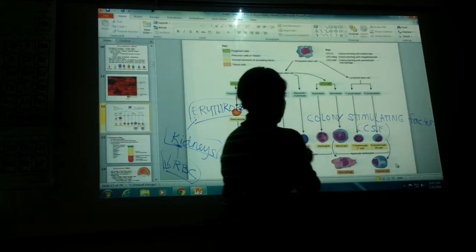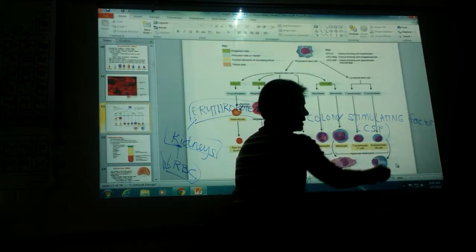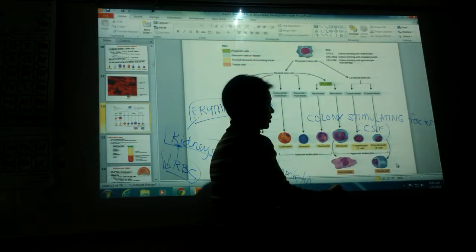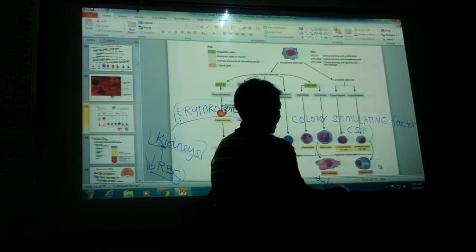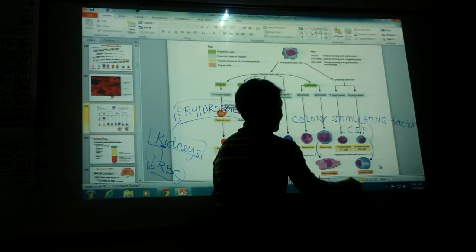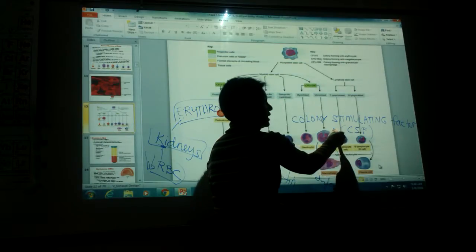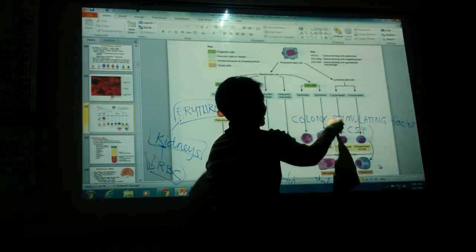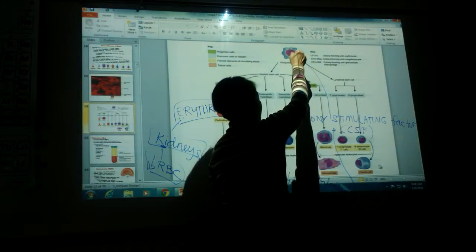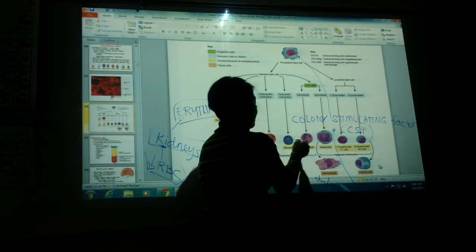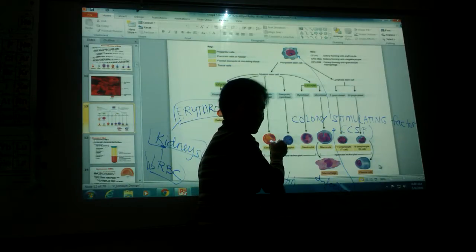Because look, there's many different types of white blood cells. So my infected part of the body secretes these colony stimulating factors, right? And these factors go here to tell this one to make whatever specific colony you need.